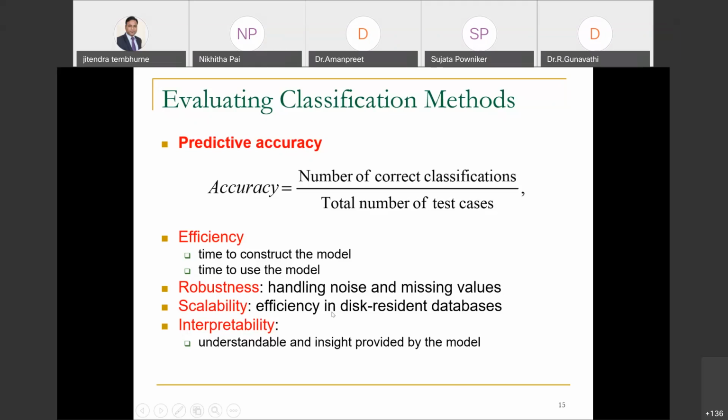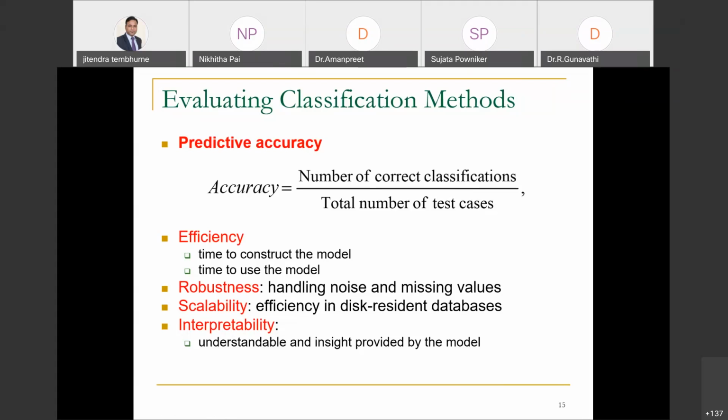Scalability is efficiency on a disk-resident data set. That means your data set is very, very large, and that data set is accommodated on the disk, so you have to retrieve the data from the disk. You get one instance of data, process it, then another instance of data, and accommodate it.